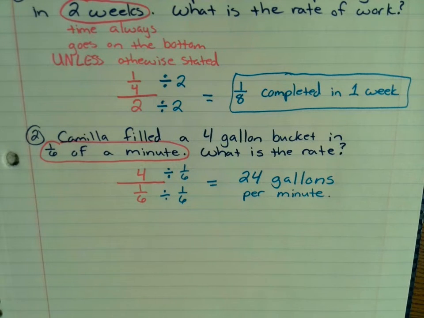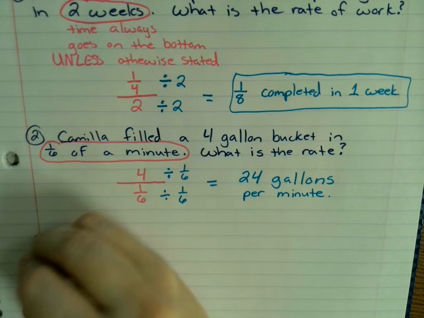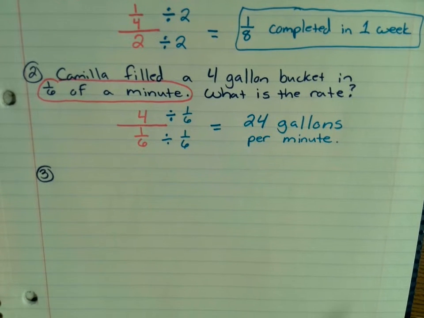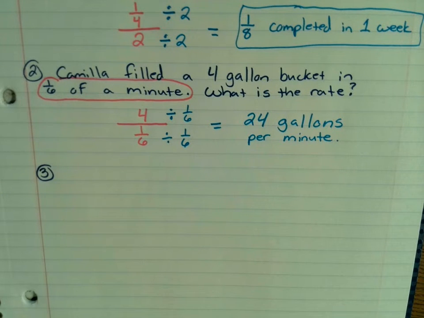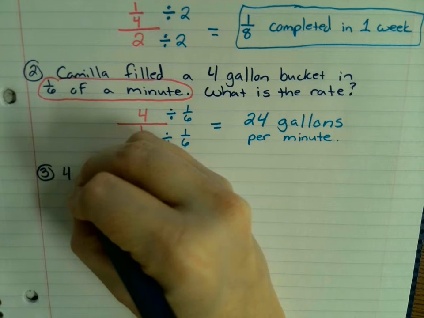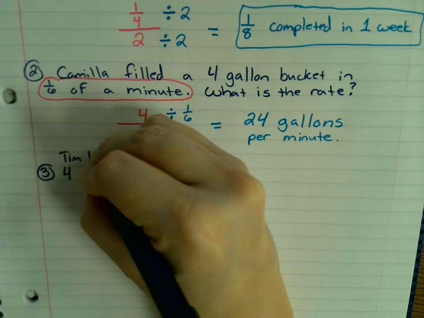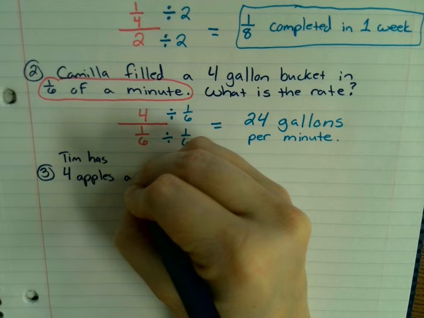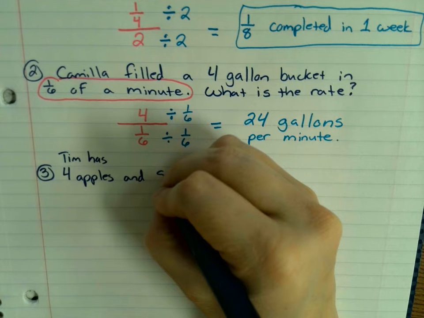You're also going to have problems today in which you're going to be doing some comparisons. They might give you two ratio values and you need to identify if they're equivalent. The only way you'll know if they're equivalent is their unit rate. If their unit rate is identical, then they're equivalent ratios. So let's say we've got Tim. Tim has 4 apples and 8 bananas.